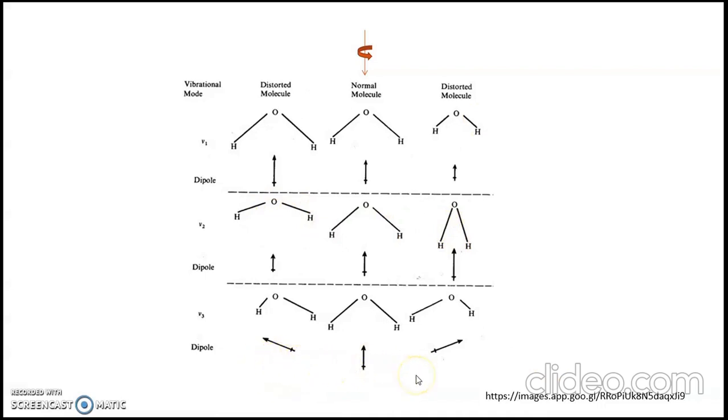And for the anti-symmetric stretching of water, there is a dipole moment component that is perpendicular to the C2 axis and also changes. And the three vibrations of the water molecule involve a dipole moment change during vibration, and hence we can say that the three normal modes of water are IR active.